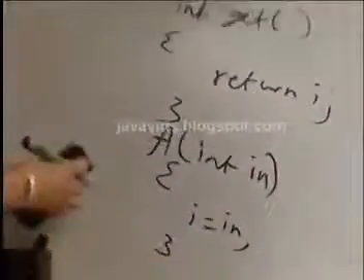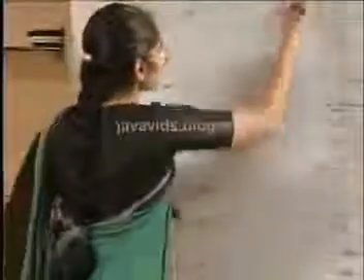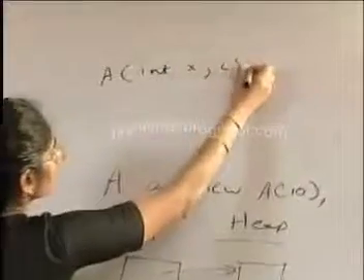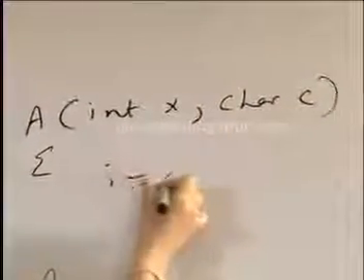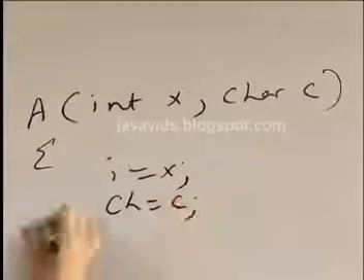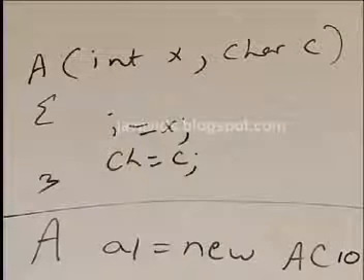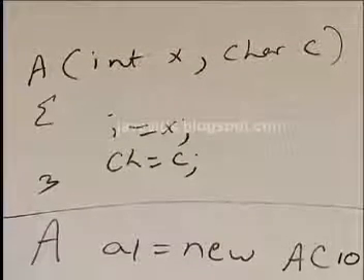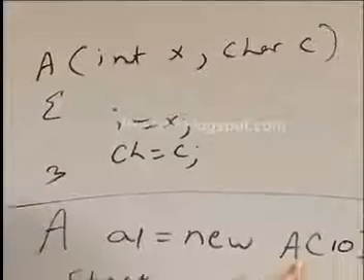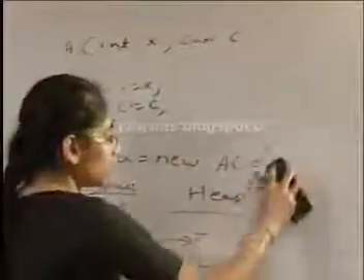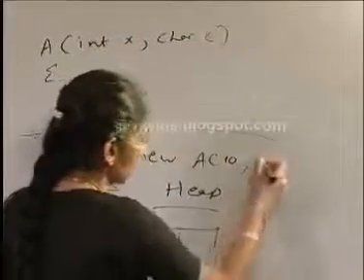You can have any number of constructors in a class. So now there are two ways of creating an instance of this class: either by passing an int value while you are creating an instance, or by passing an int comma the character value. Depending on the type of parameters that you pass when you create an instance of a class, the appropriate constructor will be called.